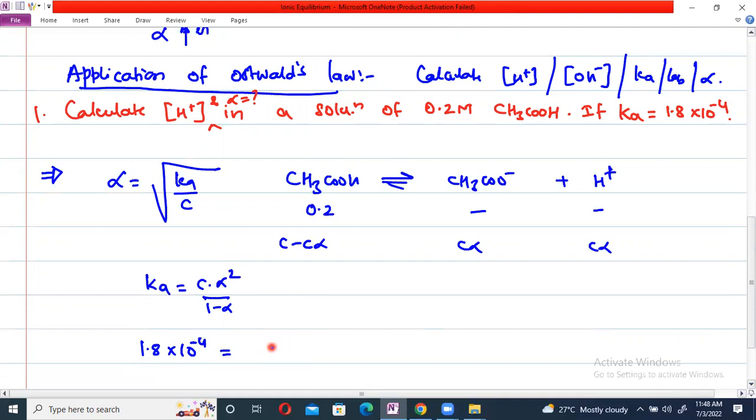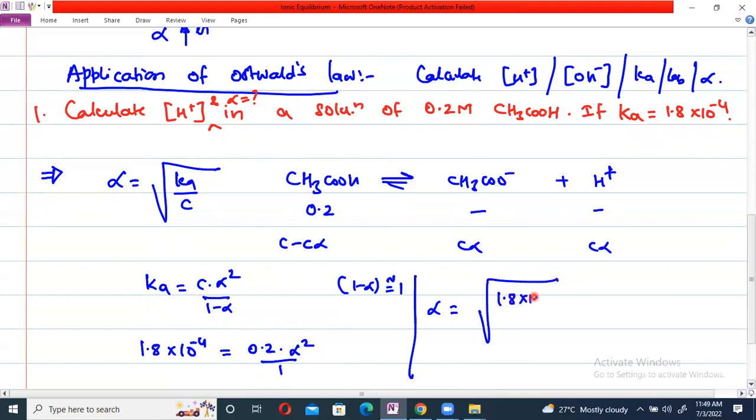That is equal to concentration given as 0.2 molar into alpha square, and this 1 minus alpha will be taken as 1, so it will be neglected. On solving this one, we get alpha equal to under root of 1.8 into 10 to the power of minus 4 by 0.2. You solve it, the value of alpha which I got is 3 into 10 to the power of minus 2.